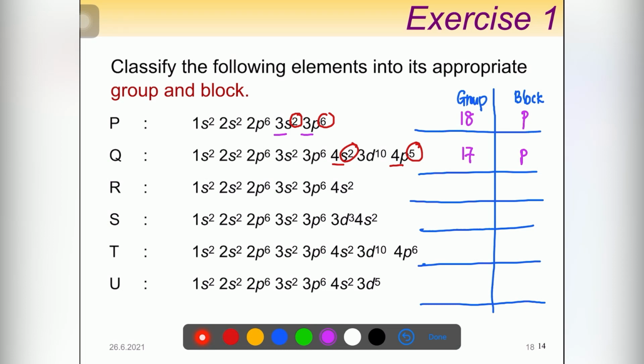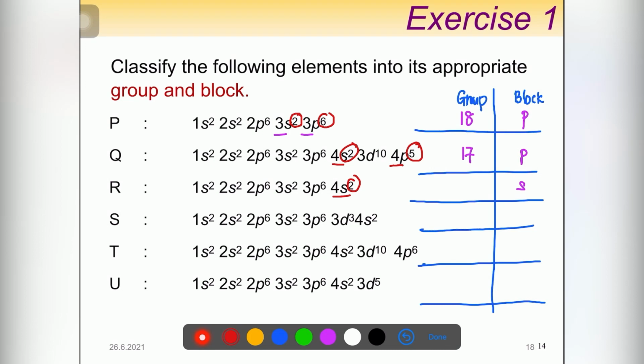R, the highest n is 4, but there is only s orbital, so it is located in block s. The electrons that occupy the s orbital are the valence electrons. For s block elements, you don't need to add 10.